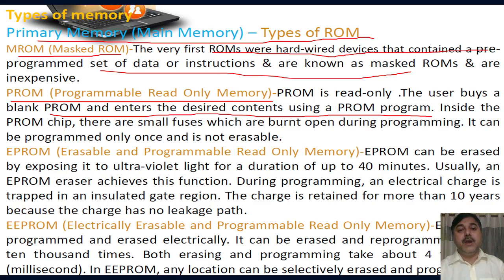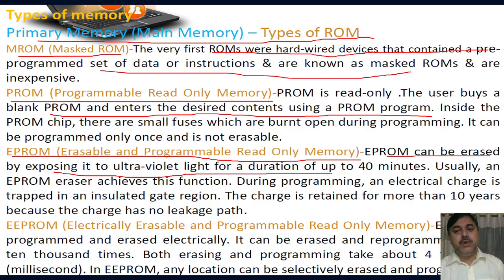Next we find one particular pattern that is known as EPROM. EPROM means erasable programmable read-only memory. Erasable programmable means it can be erased by exposing it to ultraviolet light for up to 40 minutes.